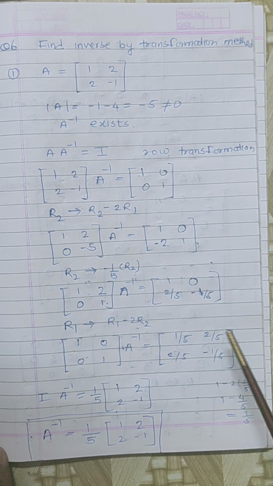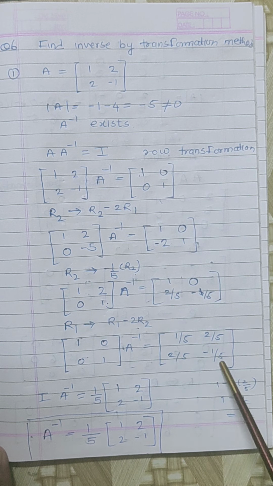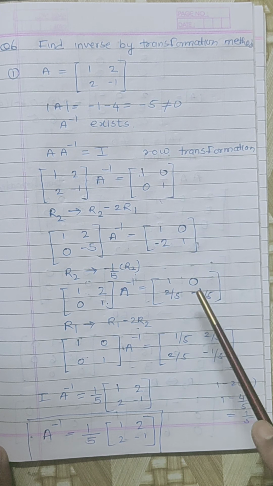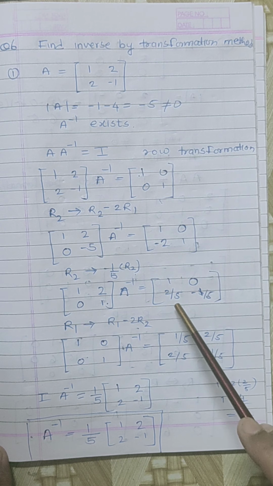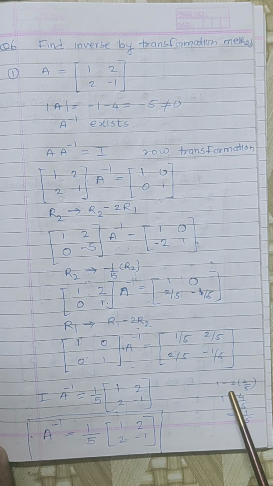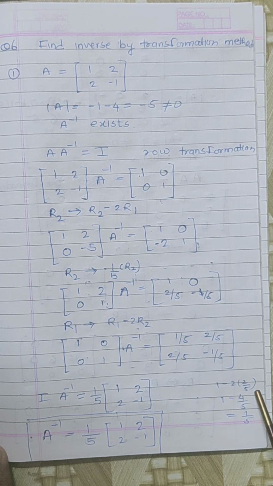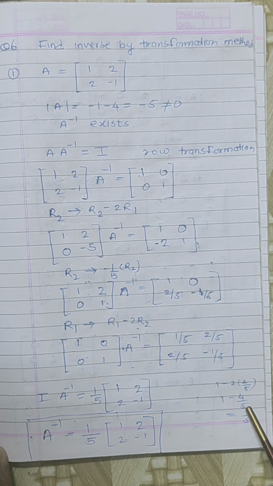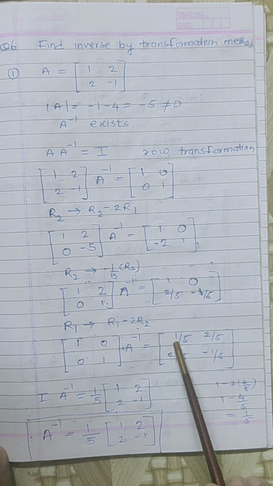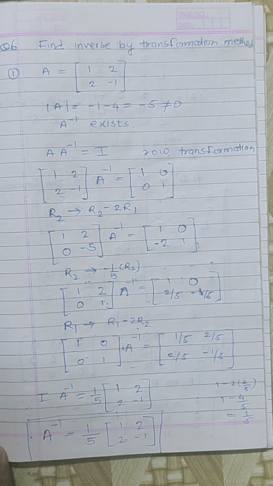And do the same here. So write R2 as it is and make the change in this. So R1 means 1 minus 2 into 2 upon 5. See, here I have done the calculation: 1 minus 2 into 2 upon 5, that is 1 minus 4 upon 5, that is 1 upon 5, and the same here.